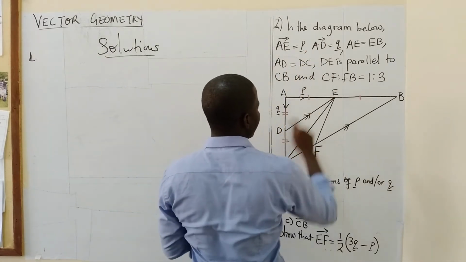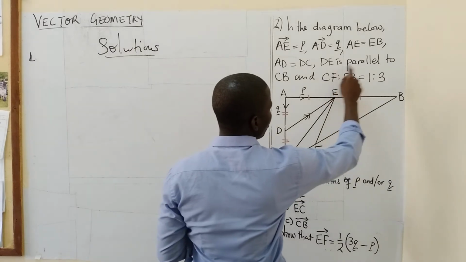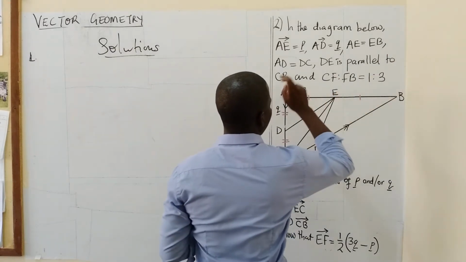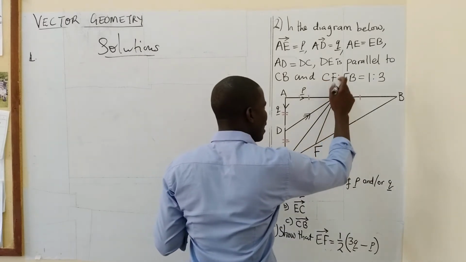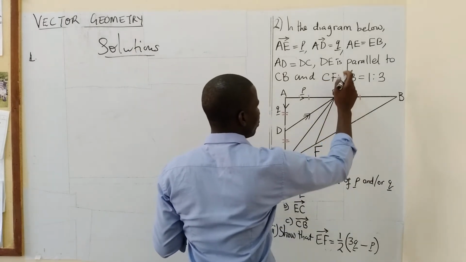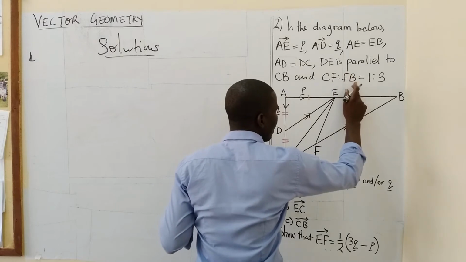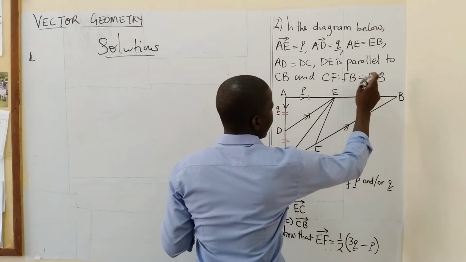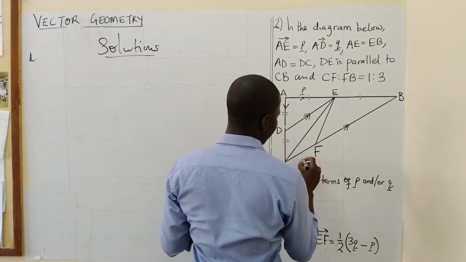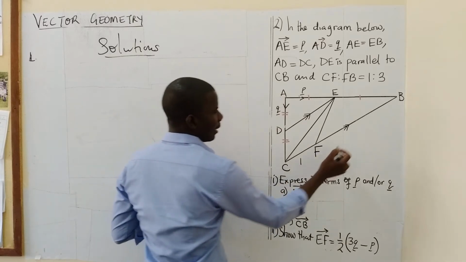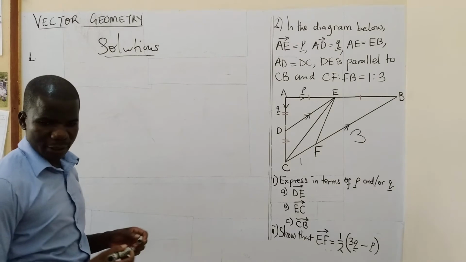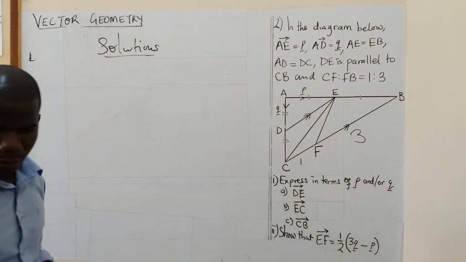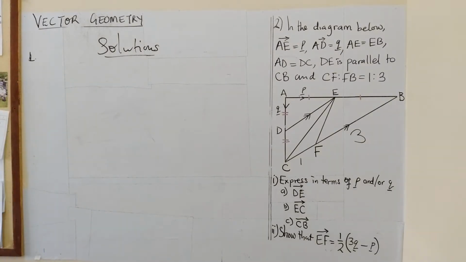Then DE is parallel to BC. And CF to FB is given by this ratio, like this is 1 here, and this one is 3. That is what is there.